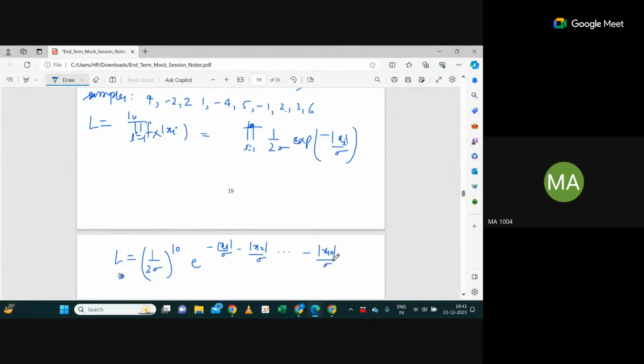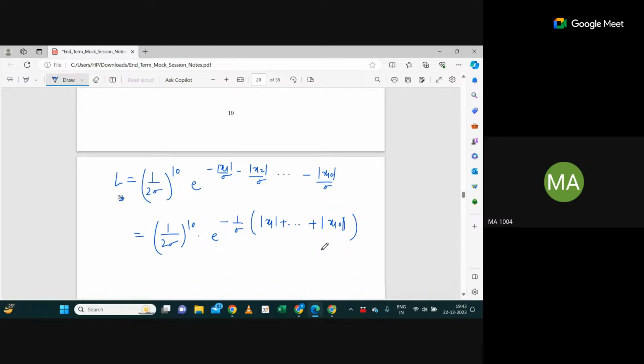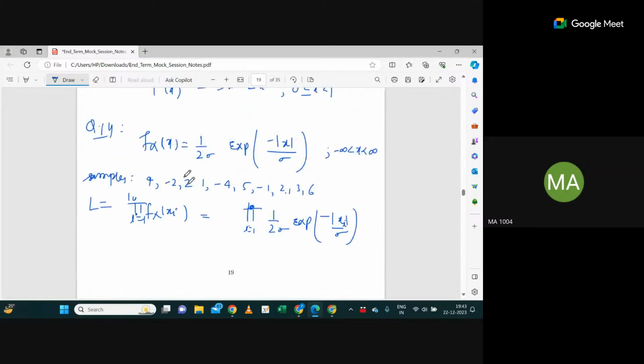So that is 1 by 2 sigma raised to the power 10 times e raised to the power minus 1 by sigma times the sum of modulus x1 up to modulus x10. This is just the addition of all the sample values, and since all are in modulus, all the negative signs become positive.